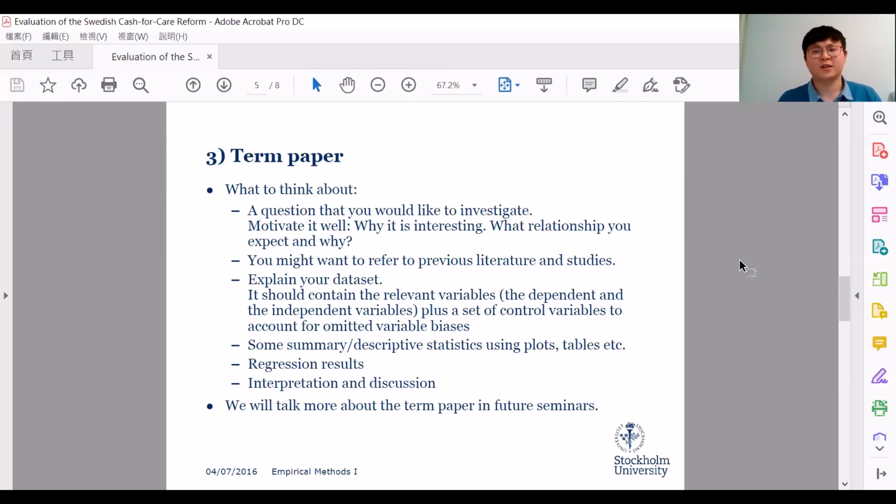So there are no difficulties in running the regressions. So the most important thing, and where we can see your understanding of this course, is not the regression results, but how you interpret the statistics. And we will talk more about the term paper in the future as well.